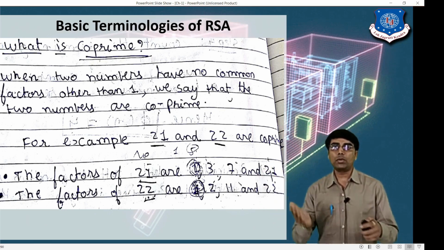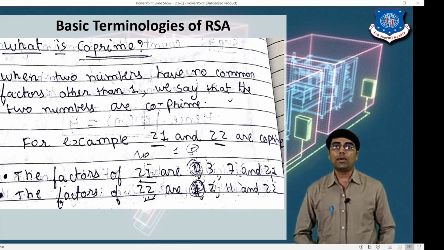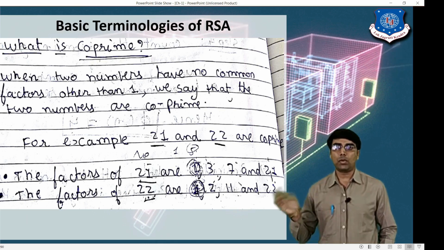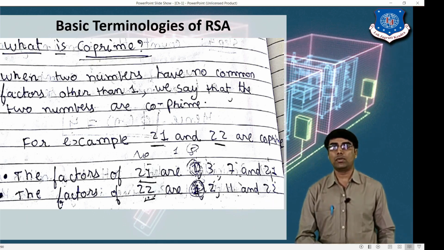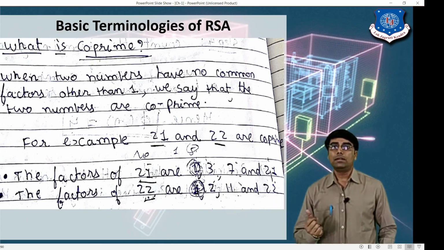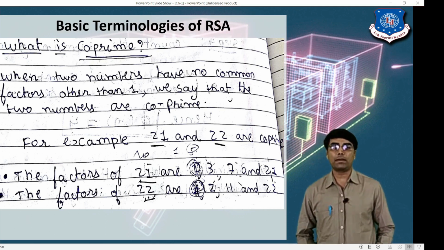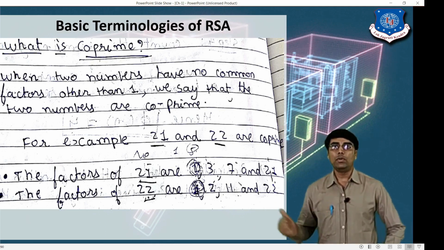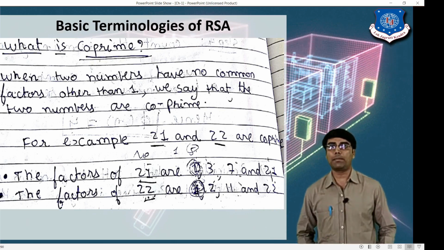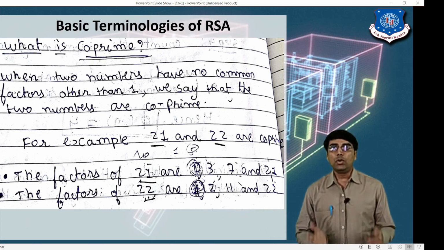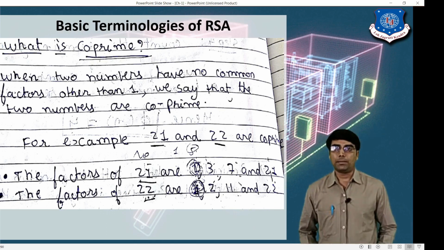The factors of 22 are 1, 2, 11 and 22. And 1 is common on both sides. The definition of co-prime is that if two numbers have no common factor other than 1, we say they are co-prime. So 21 and 22 are co-prime because there is no common factor other than 1.